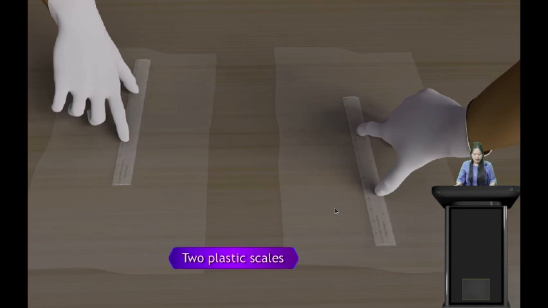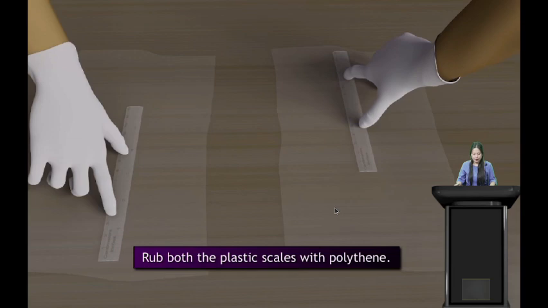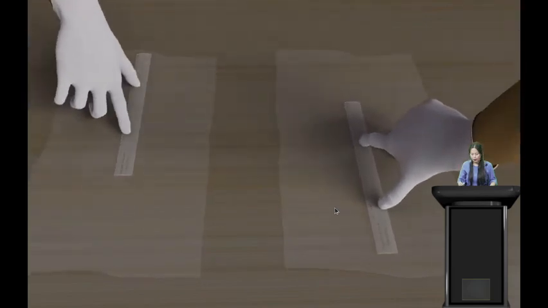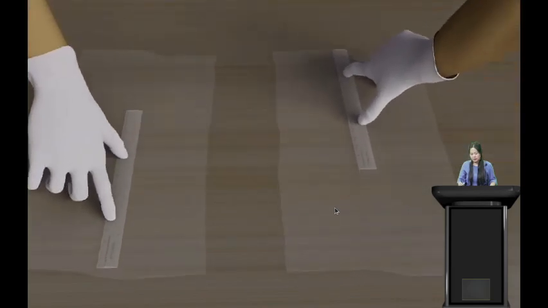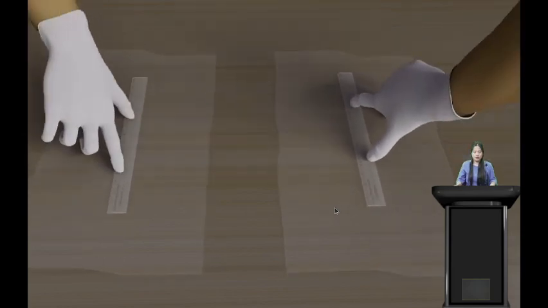Take two plastic scales and rub them on a polythene sheet. Rub both the plastic scales with polythene. Now after rubbing the plastic scales for some time, we will bring them together and see what happens.